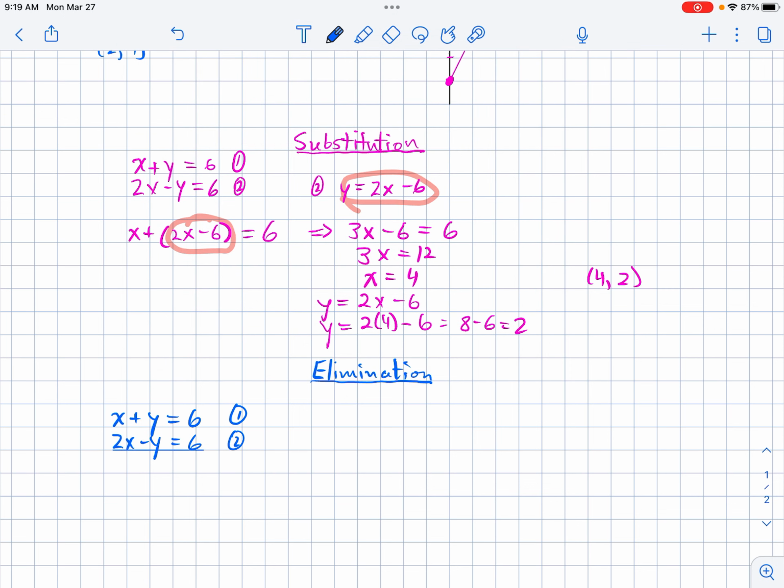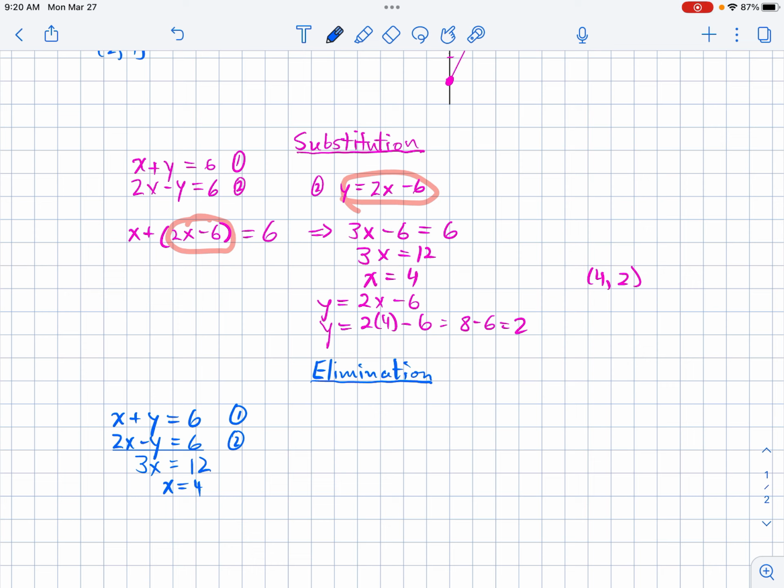It's like adding 6 to both sides. I add 6 and 6 over here and I get 12. Over here, y and negative y, the y's are gone. 2x and x, that's 3x. So now I've eliminated one of the variables just by adding the two. So now, dig this. I get that x is equal to 4 right away.